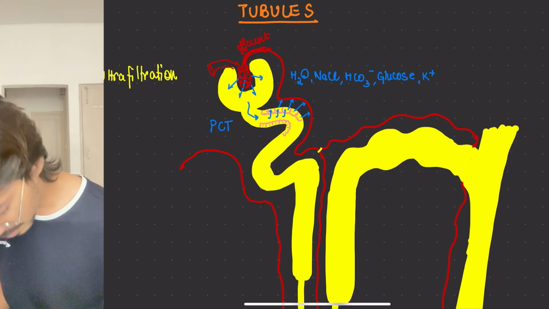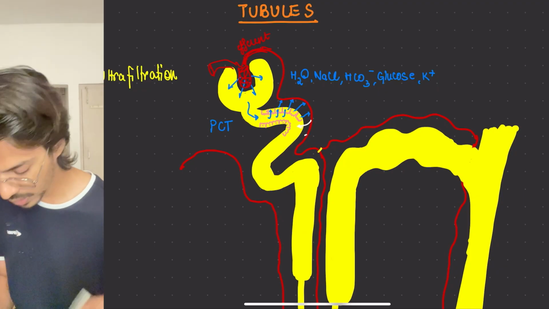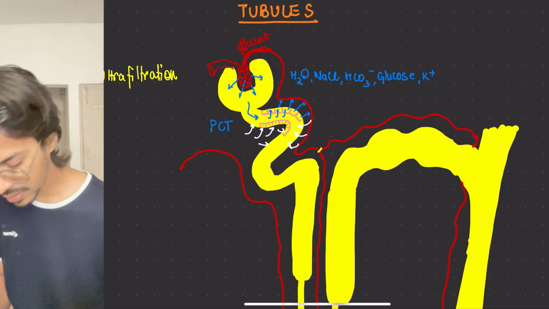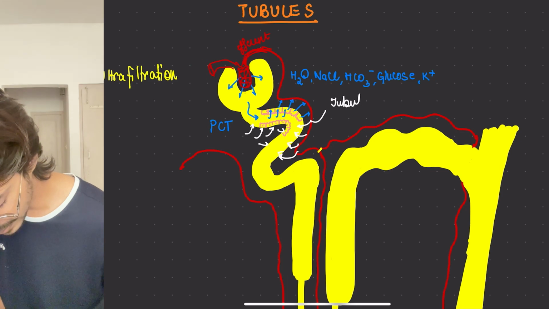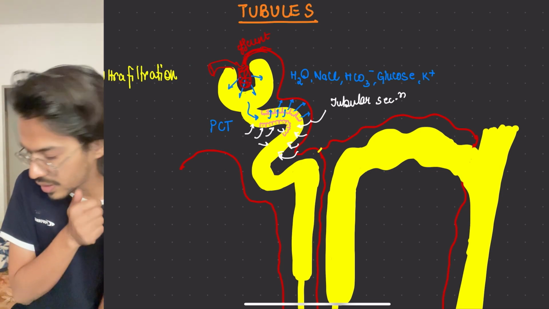So what is happening? Certain things are being secreted into it. This tubular secretion, which is being secreted by these capillaries in the PCT area, is your tubular secretion. This is to maintain the ionic balance during tubular reabsorption.